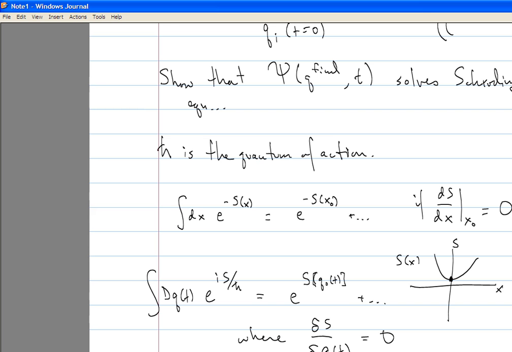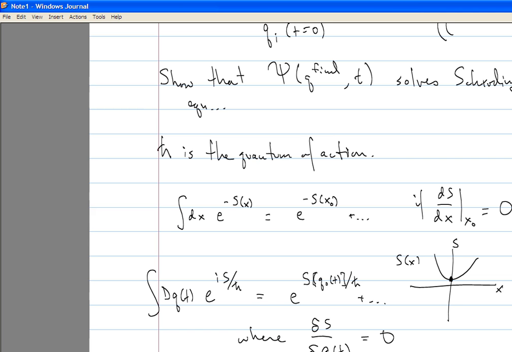And indeed, you can actually prove the saddle point approximation is something rigorous in the h bar going to 0 limit. So for finite values of h bar, these correction terms that I've just written with a dot, dot, dot will not be negligible. But as h bar goes to 0, those correction terms vanish. So what does that mean?